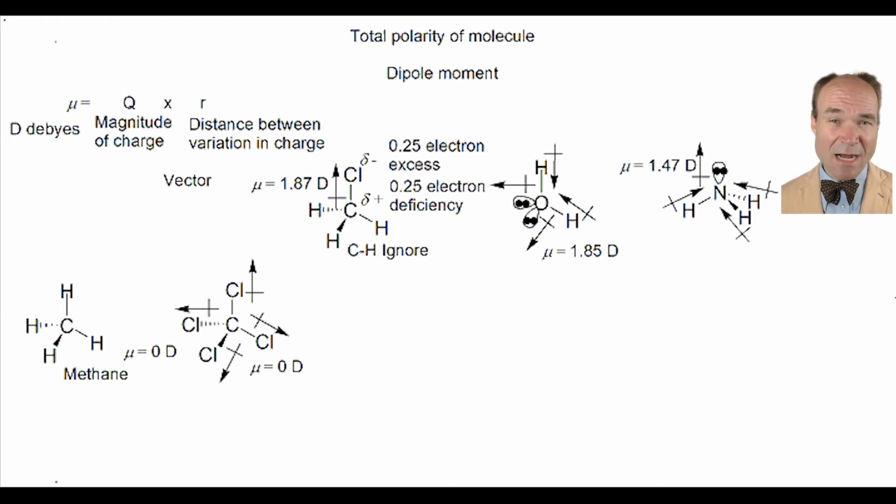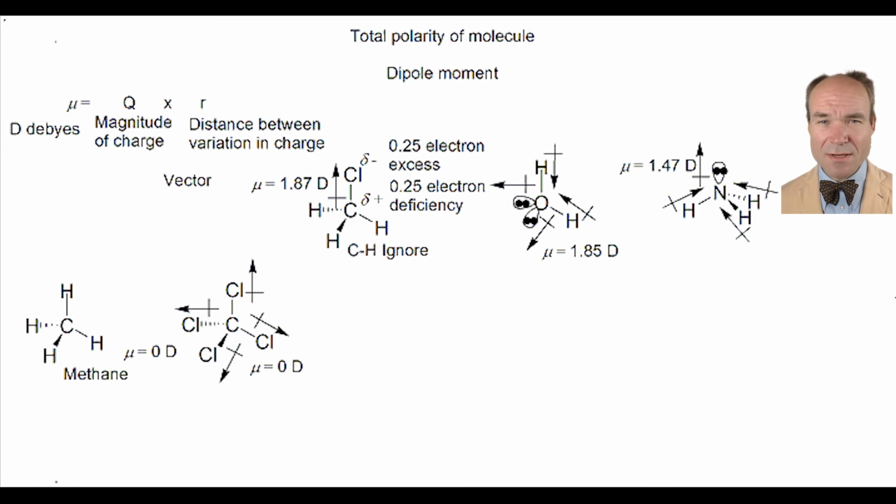When we change from hydrogen to chlorine, we still have the same spatial arrangement. So, although if we were thinking just narrowly at the carbon-chlorine bond, it is indeed polar, if we look at the total molecule and consider the dipole moment, there is again 0 Debyes in the molecule.